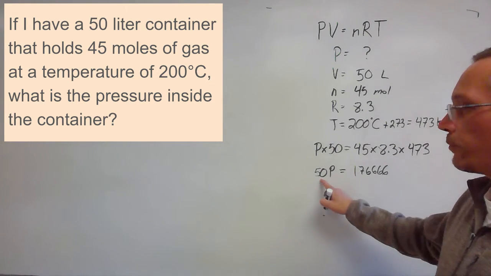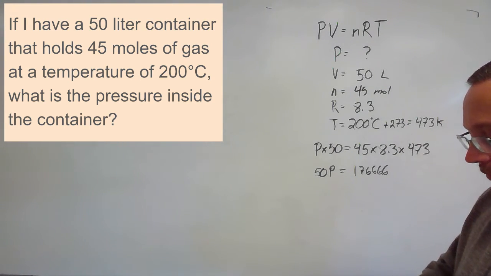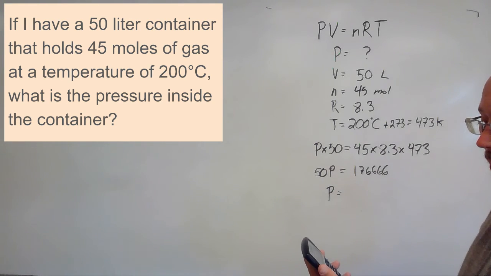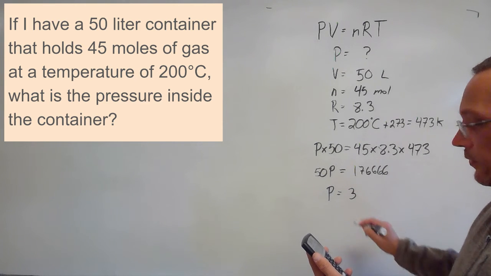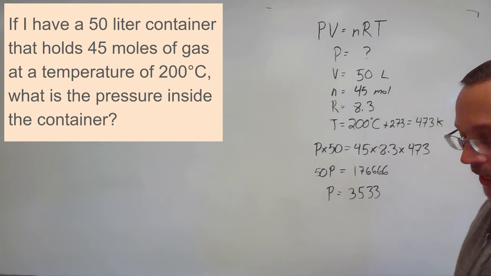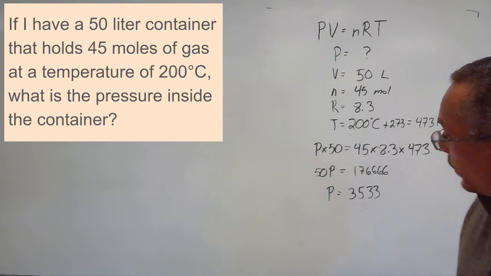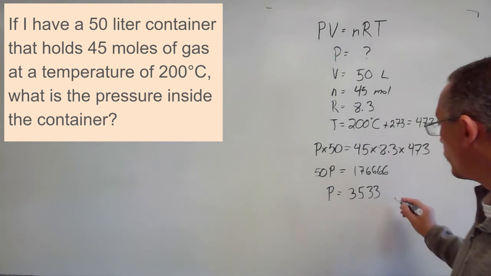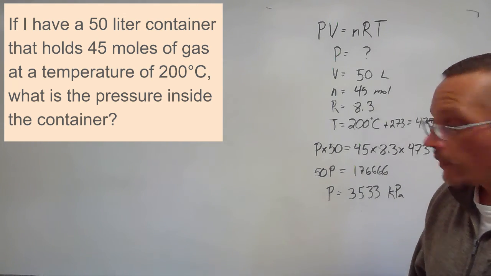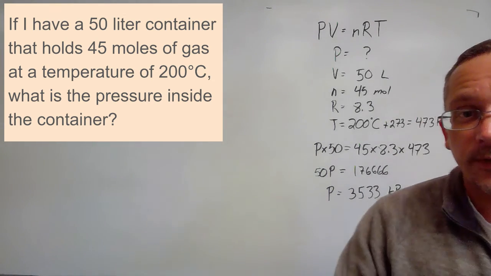And then we'll divide both sides by that 50. So dividing by 50, my pressure comes out to 3,533. And what units should that be for the pressure? We said that the units that we're going to use are kPa. Okay, so there we go. Not too tough.